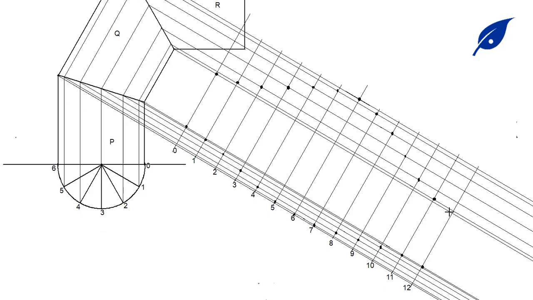So now we connect each of these points with the required instrument so that we'll get the required curve, which will produce the development of the pipe Q along the seam KK.